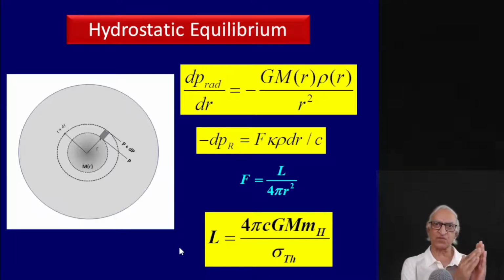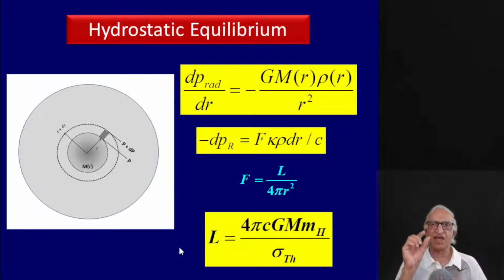The mass absorption coefficient is related to the scattering cross-section by the relation kappa rho is equal to n sigma, where n is the number of scatterers per unit volume and sigma is the scattering cross-section of each scatterer.